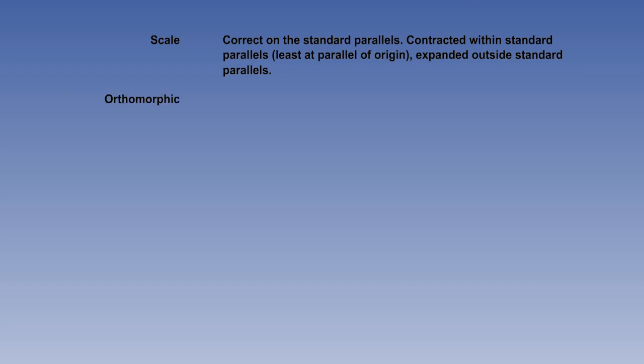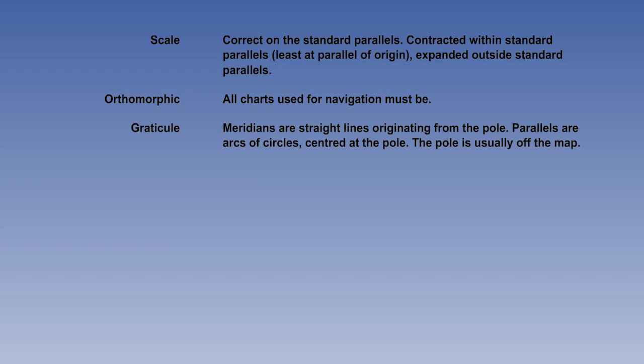The chart is orthomorphic. All charts used for navigation must be. The graticule is fairly straightforward. Meridians are straight lines originating from the pole. Parallels are arcs of circles centered at the pole. The pole is usually off the page.